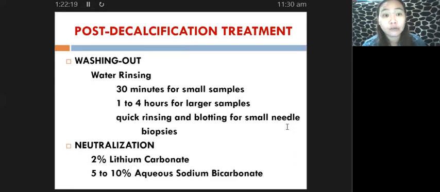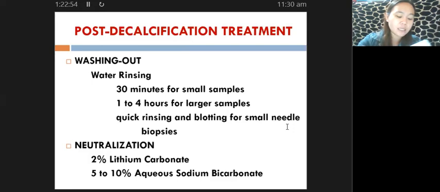We perform washing out, or we can also perform neutralization. Washing out is just water rinsing. Depending upon the size of your sample, for small samples we usually rinse in water for 30 minutes.